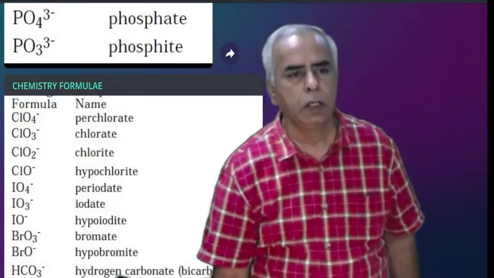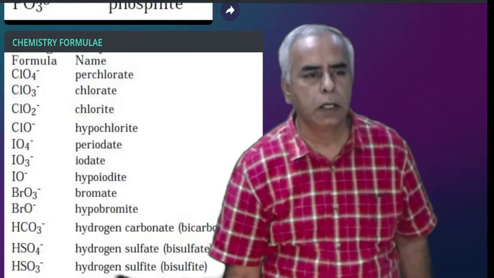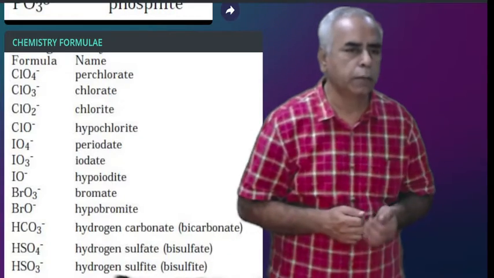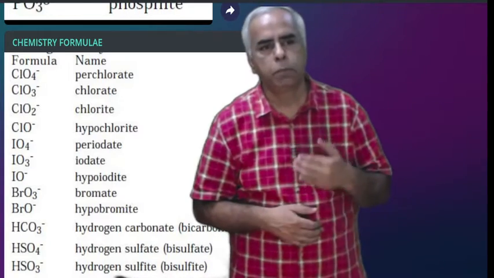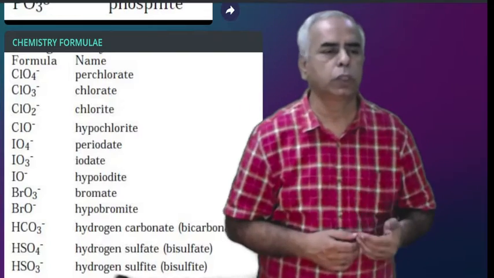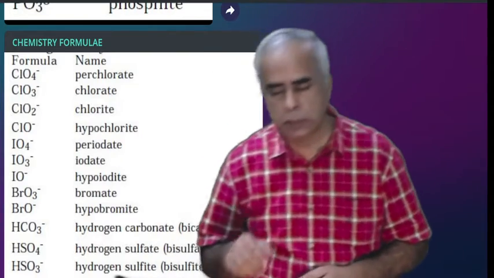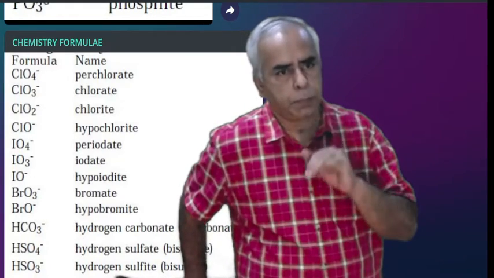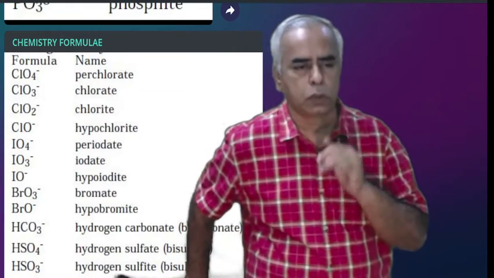Then we have various halogen based anions, like perchlorate ClO4 minus, chlorate ClO3 minus, chlorite ClO2 minus. ClO minus is called hypochlorite, ClO2 minus is called chlorite.